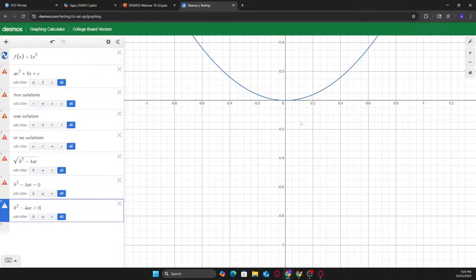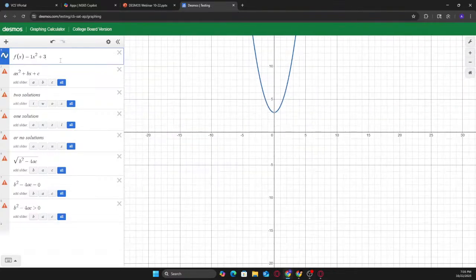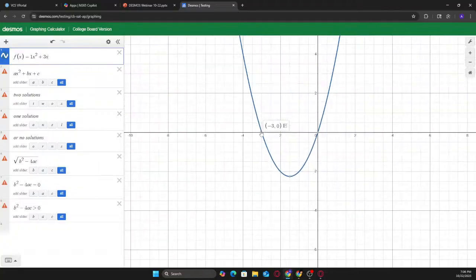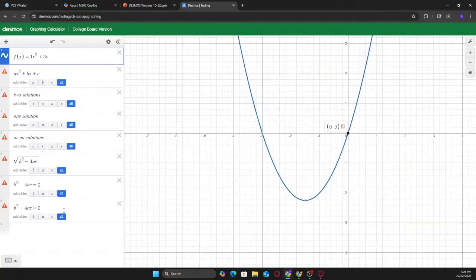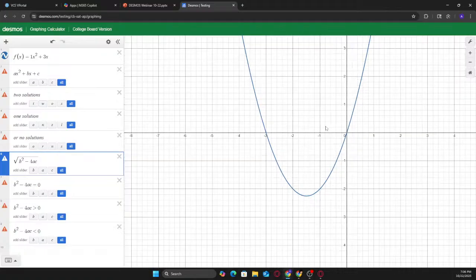That means there will be two solutions. This is for one. Now if it's negative, it's going to evaluate as a negative, or imaginary, number. You can't square root a negative number, so that means there are no solutions at all.